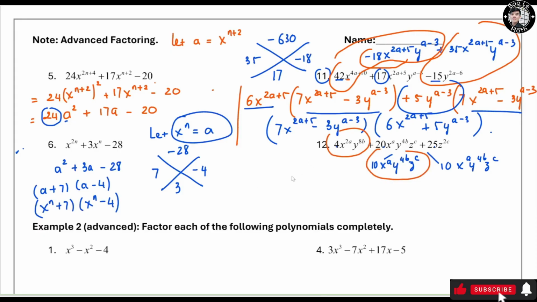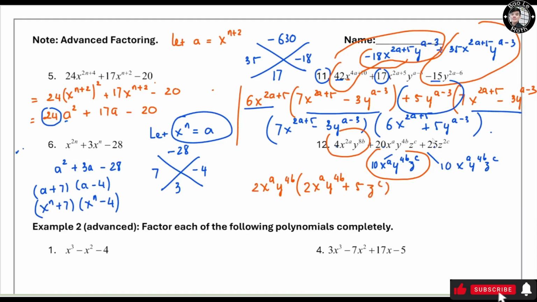I'm going to factor 2s raised to the a, y raised to the 4b out. So we have 2 times s raised to the a, y raised to the 4b, plus, you have 10, you factor 2 out, it's going to be 5 left, and z raised to the c left.